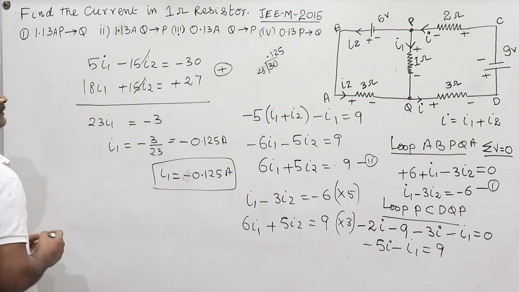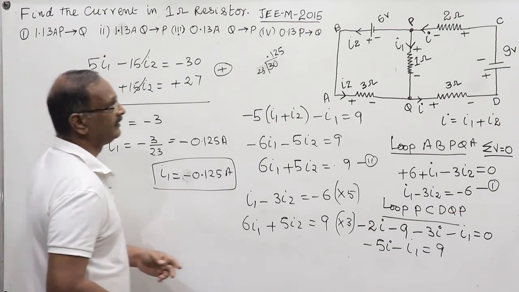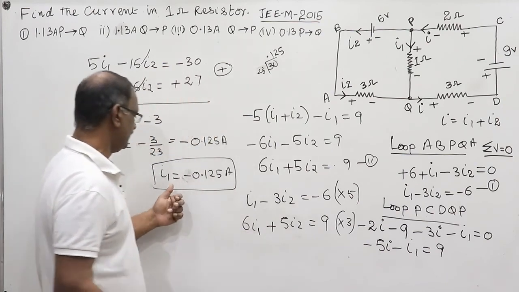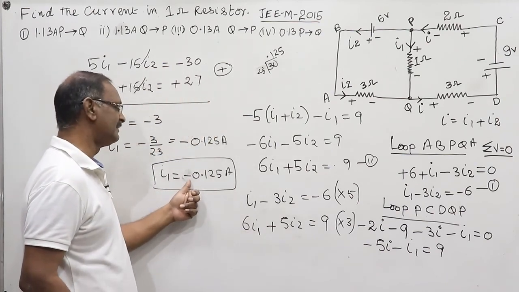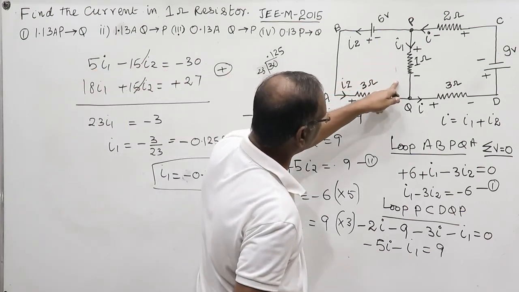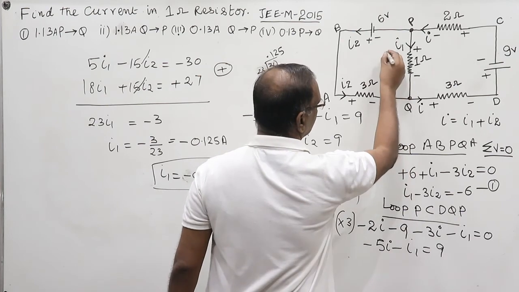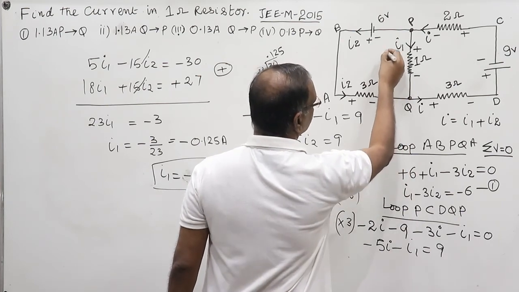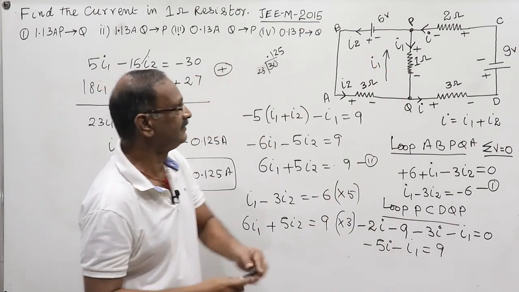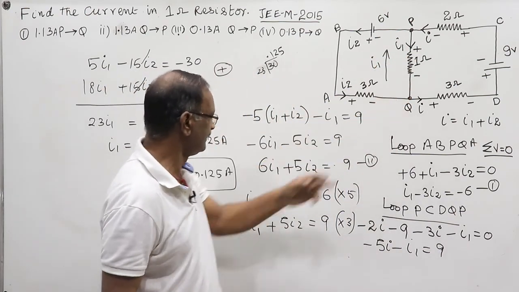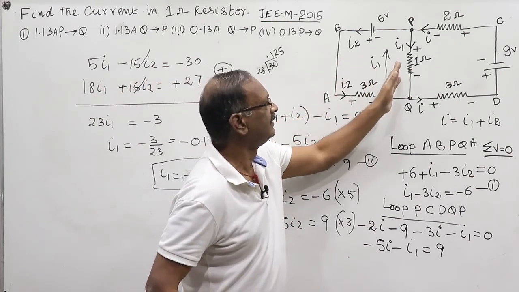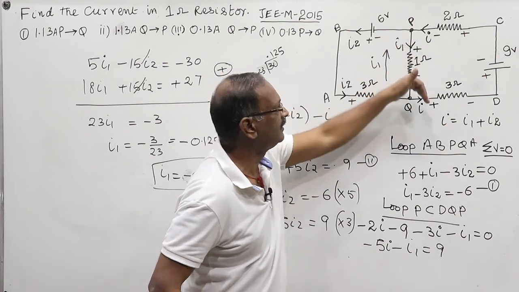Note this point. We assumed the current direction from here to here, but the answer for I1 comes out negative, minus 0.125. It means that, since it is coming negative, the current actually flows in the direction opposite to the assumed direction.